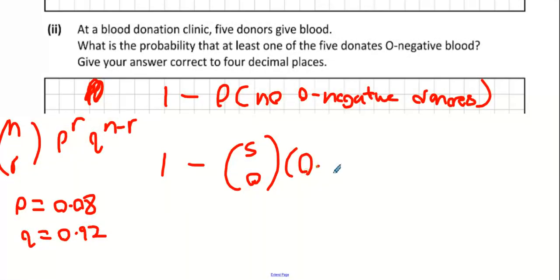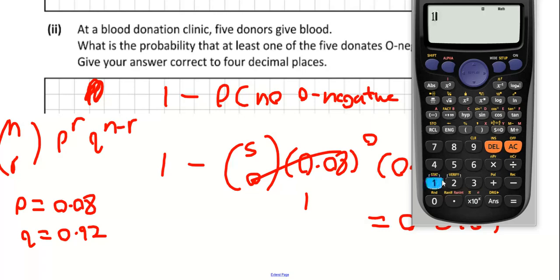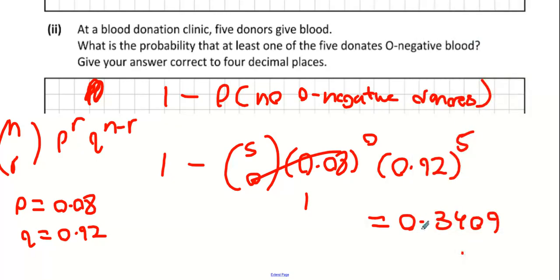So it's 0.08 to the power of 0, and all that turns into 1, and then it's just 0.92 to the power of 5, which is going to be 0.6591. So 1 minus 0.92 to the power of 5 gives 0.3409.